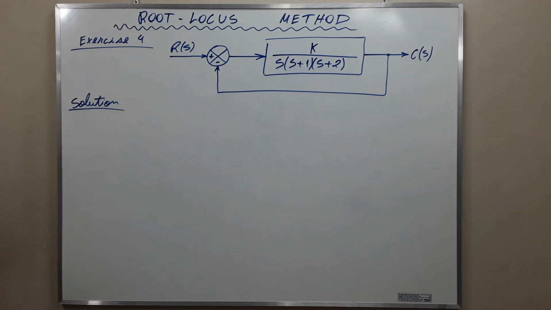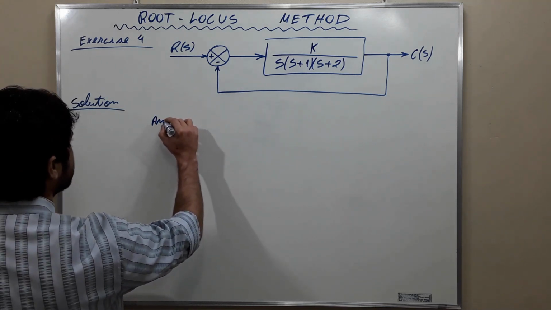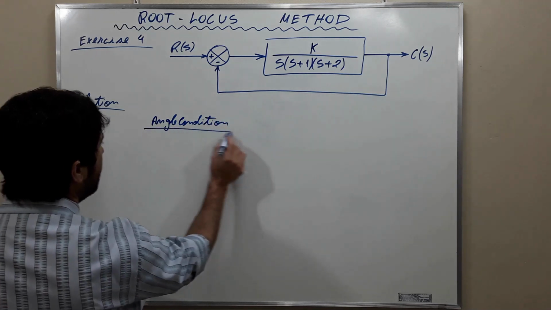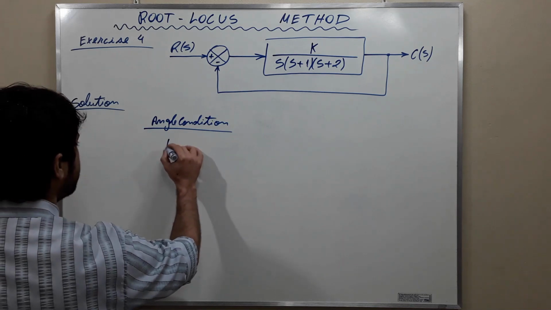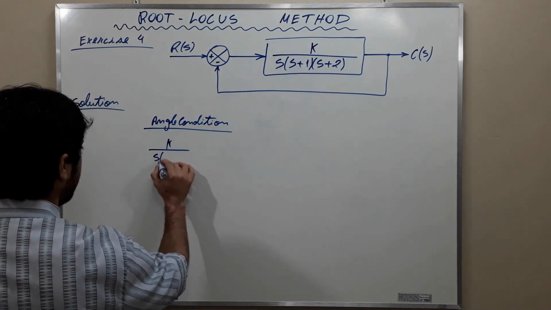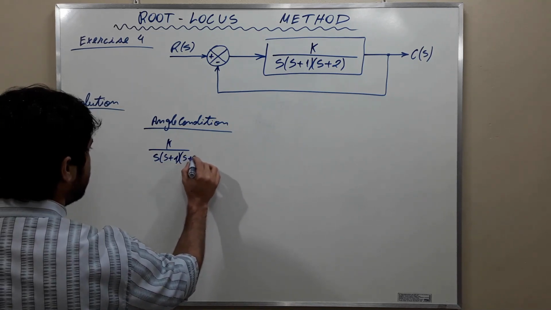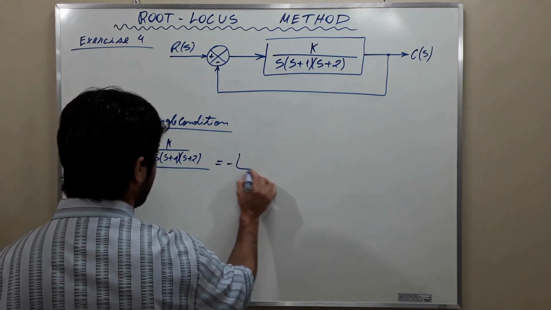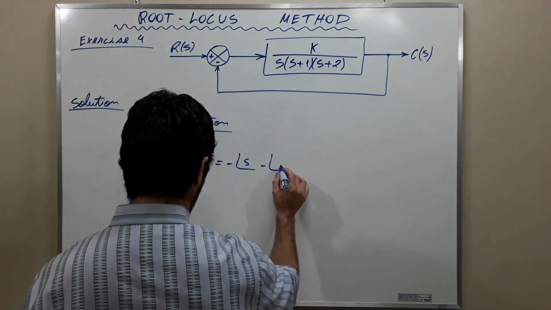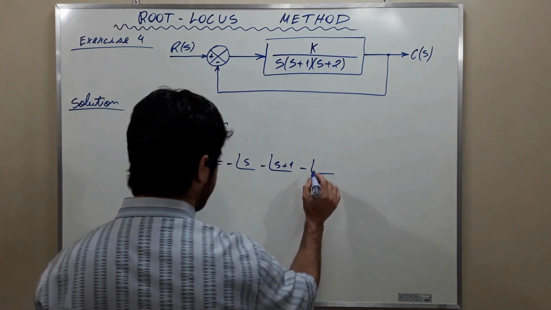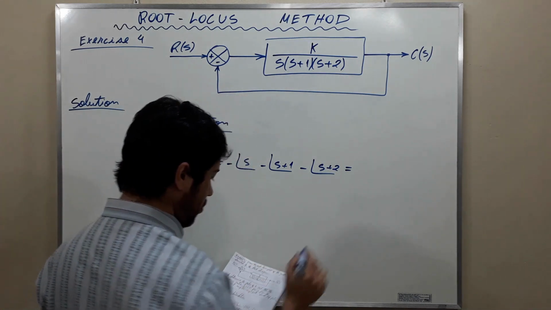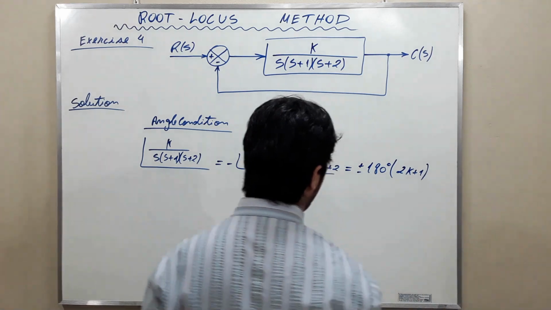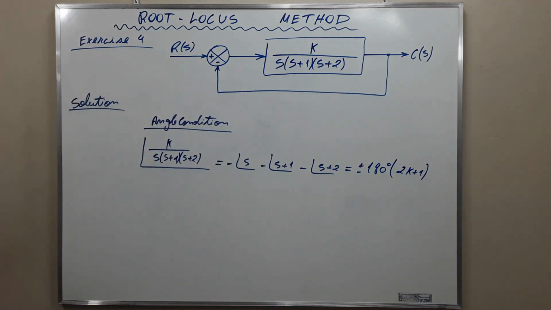The angle condition is going to be that the angle of k over s, s plus 1, s plus 2, which is equal to the negative of the angle of s minus the angle of s plus 1 minus the angle of s plus 2, has to be equal to plus minus 180 degrees times 2k plus 1. Okay? This is the angle condition.